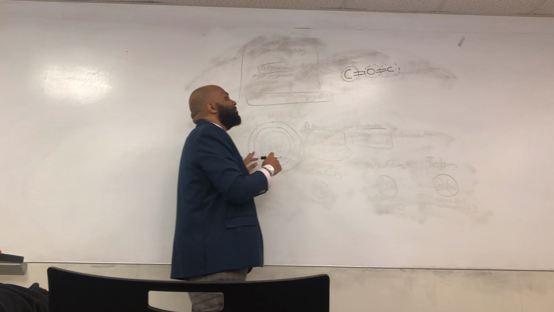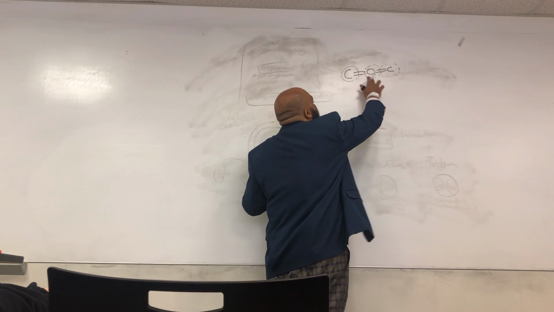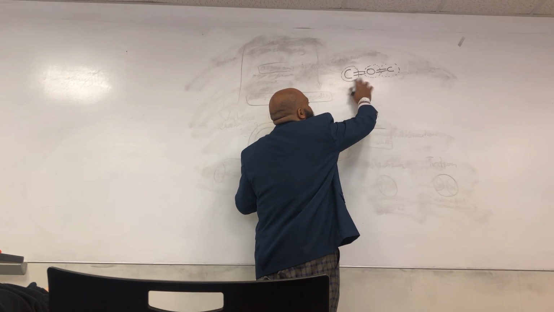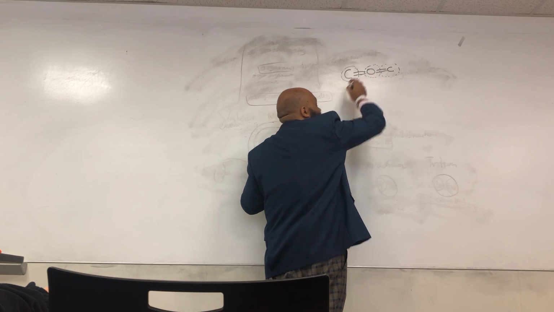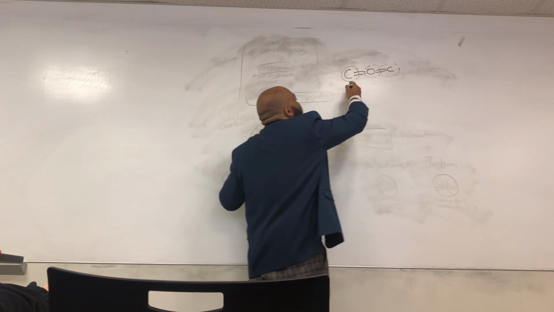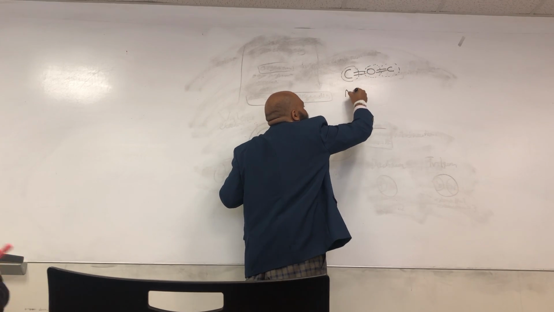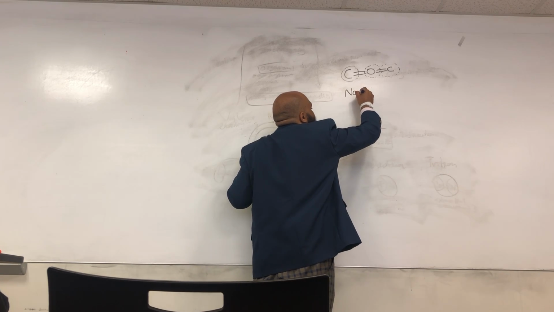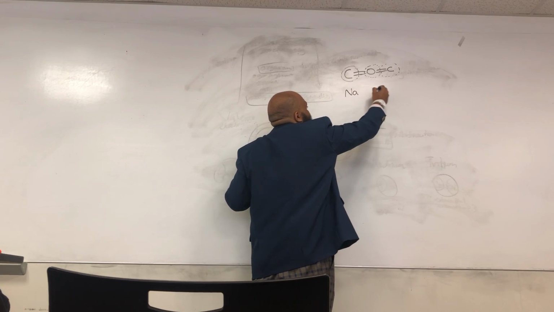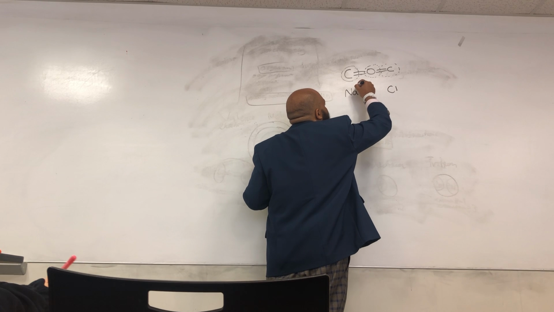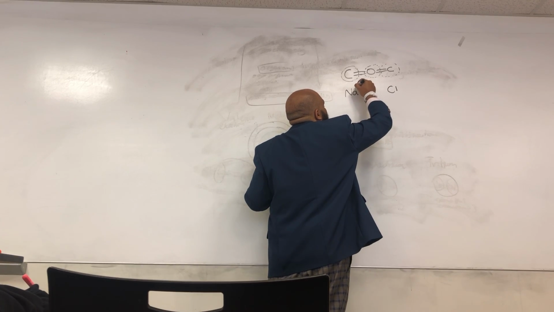In a covalent bond, what happens is both atoms are sharing the electron. It's not like the electron left. That would be in sodium chloride. In sodium chloride, one electron, one pair of electrons is going to go to chloride.